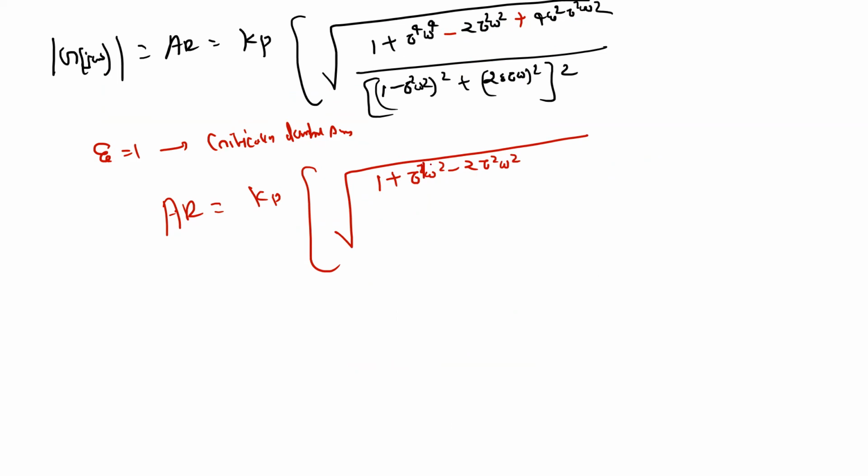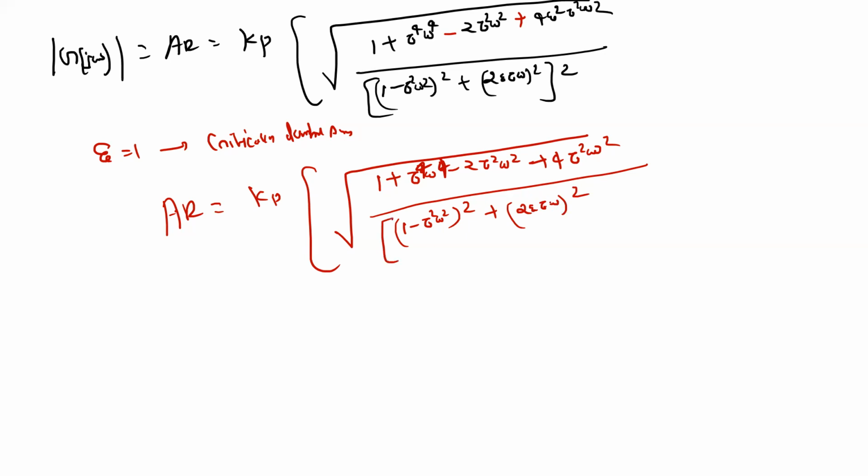Sorry, this one is tau 4 omega 4 and plus 4 tau square omega square. And this one is divided by 1 minus tau square omega square whole square plus 2 zeta tau omega whole square, and this one is whole square. So that is Kp. Finally, you'll see minus plus, so this will be plus.